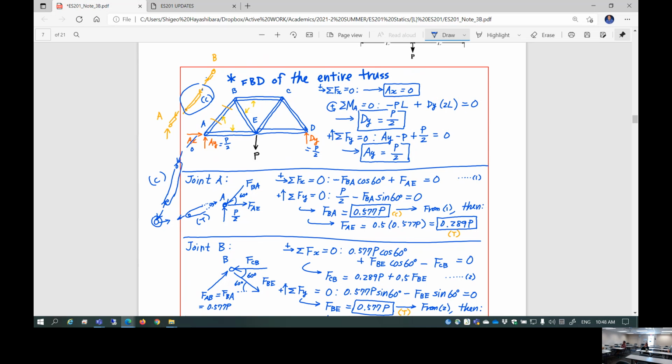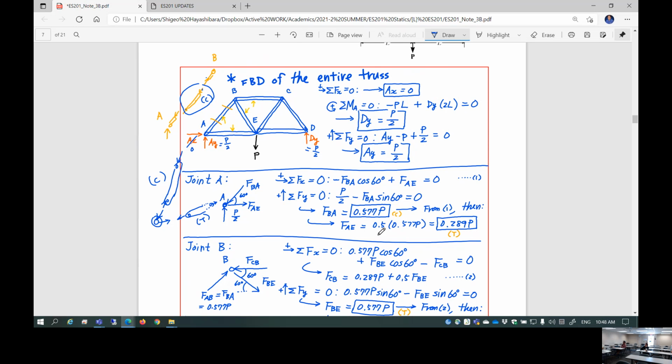You know, it's kind of confusing, but I hope it makes sense. You have to take a look at what's inside of each member, because that's what we're trying to find. That is equal and opposite to the force applied to each joint, which is actually making it confusing. This is going to be more clear if you look at the method of sections, because we're going to introduce cuts.